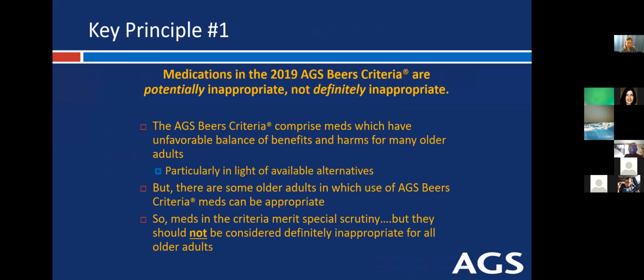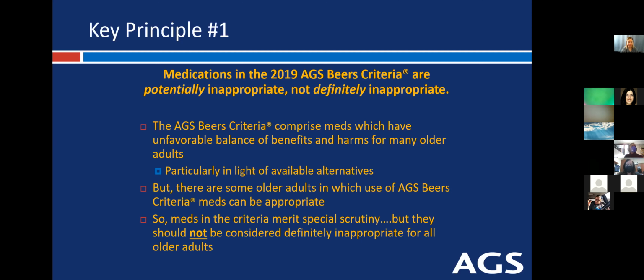Their first key principle is one that I touched on a little bit already. Medications in the 2019 AGS Beers criteria are potentially inappropriate, not definitely inappropriate. So this work group looked at benefit versus harm for older adults in general, and they looked at that in light of other alternatives to determine whether a medication should be on the list or not.